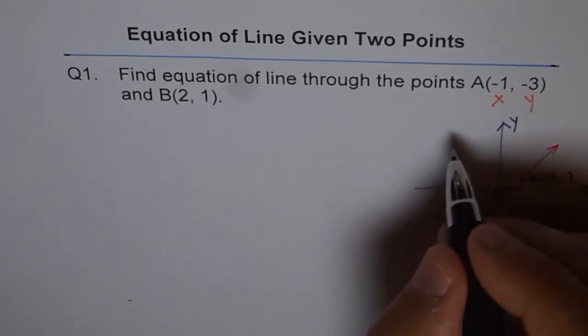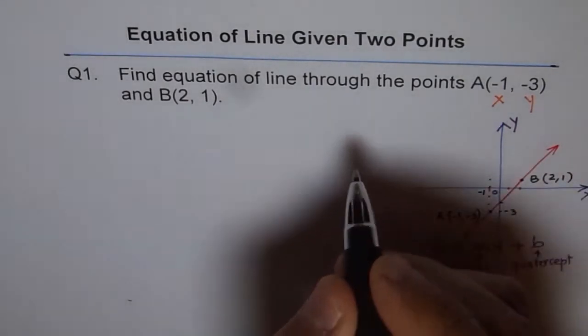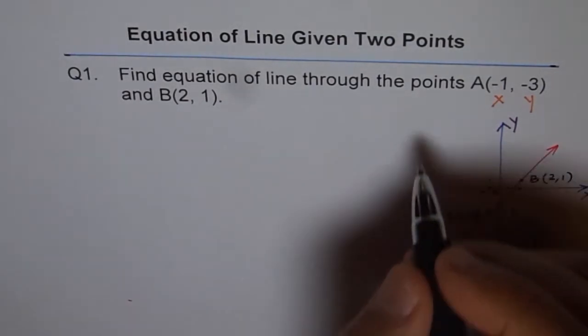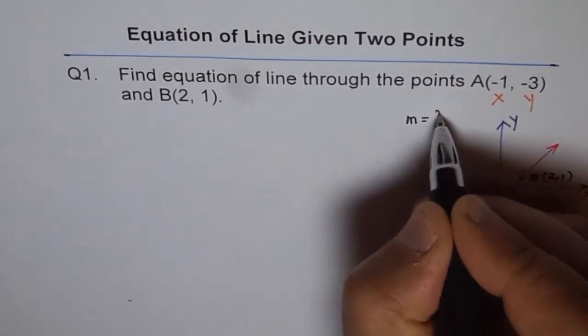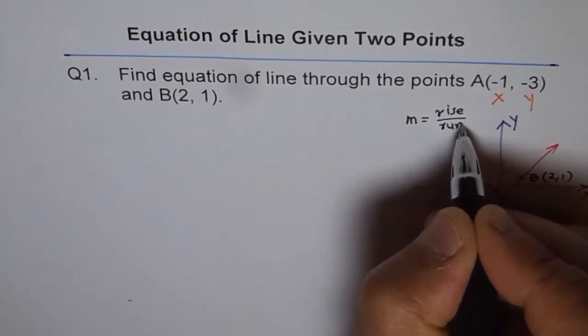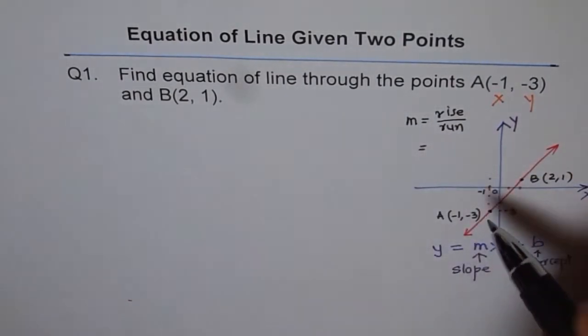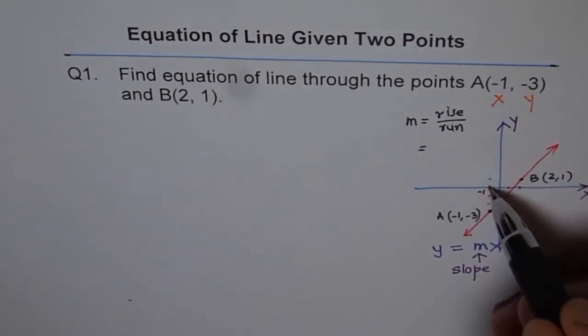Now let's do slope on this side. We are trying to find what slope is, and let's say slope is m equals rise over run. And rise we find: we are going 3 units here and 1 unit up.